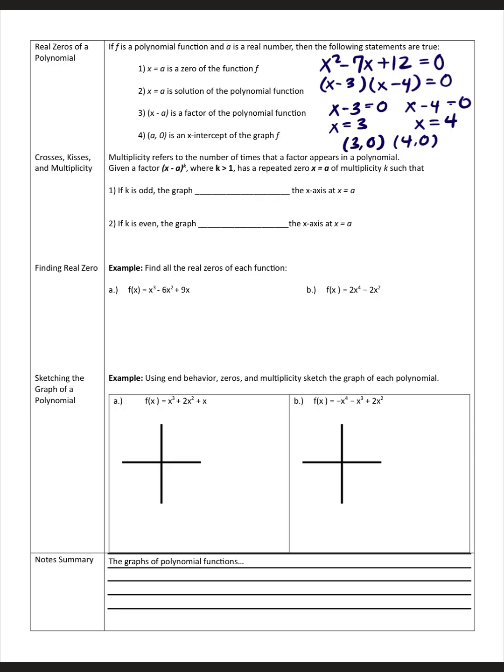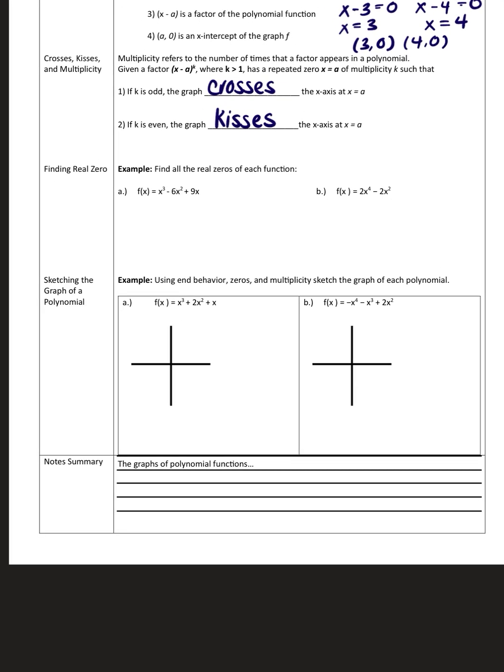If k is odd, the graph crosses the axis at x equals a. If k is even, the graph kisses the x-axis at x equals a.